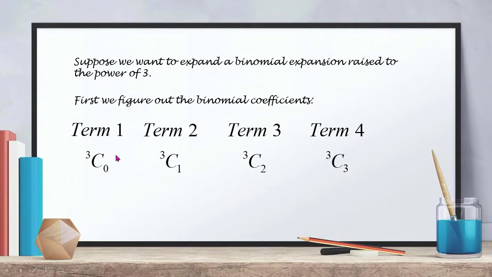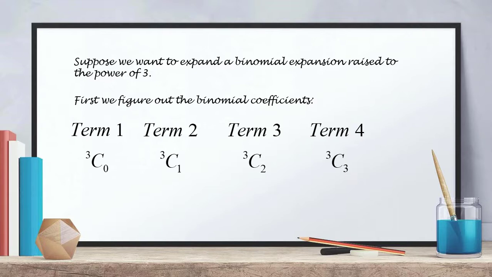So this number is always 1 less than the term number. 1 minus 1 gives us 0, 2 minus 1 gives us 1, 3 minus 1 gives us 2, and 4 minus 1 gives us 3.